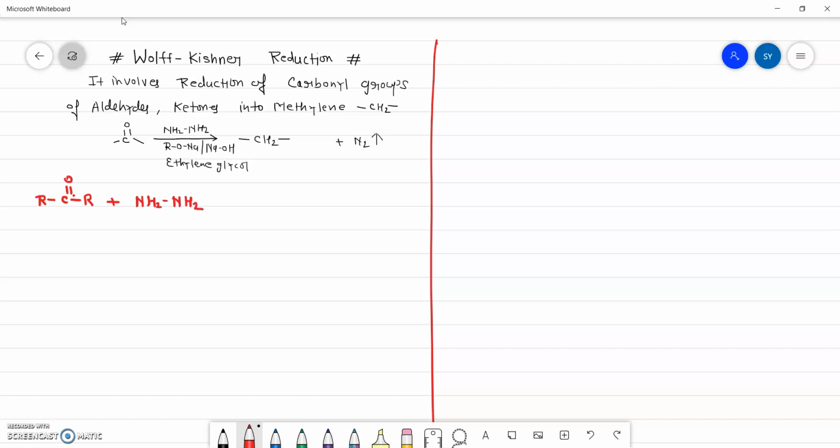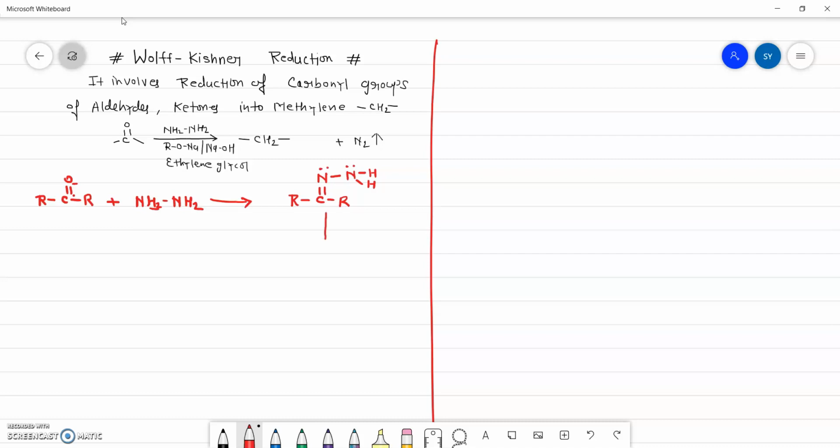Now this is getting treated with this, and we are getting something called a hydrazone. We are getting R bond C double bond N, this is R. Now this H2 and this O get removed in the form of water, and we are getting N bond N here 2H with one lone pair here and one lone pair here. So nitrogen is having 3 bonds.